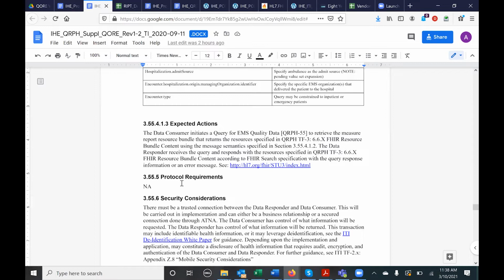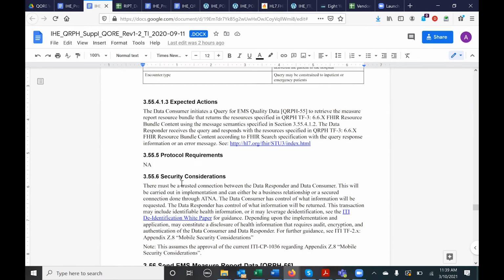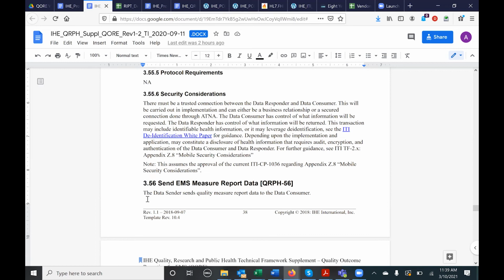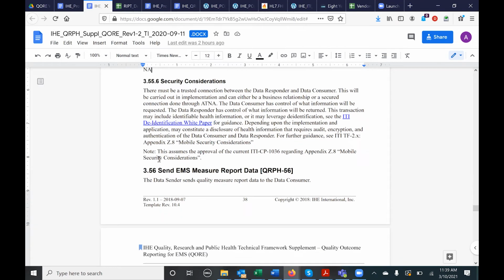But if you have any additions on your expectations, please help me comment. And of course, because this is open, this is something that we can work on. And then we have our security considerations, and then we go into the other transaction. And I apologize for the dogs.